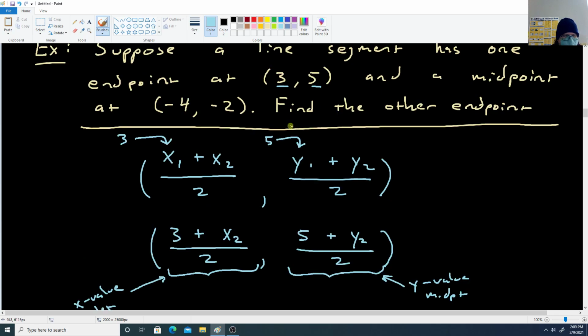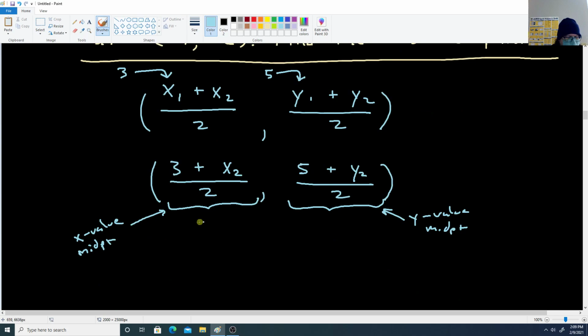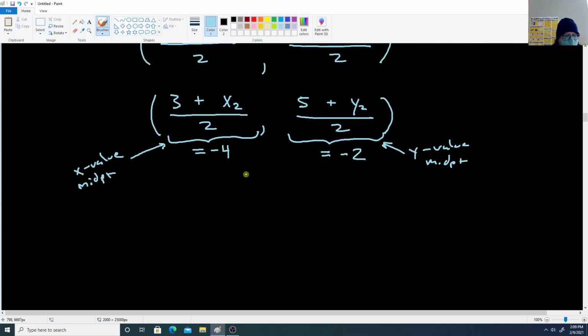Well, they told us the x value of the midpoint is negative 4, and the y value of the midpoint is negative 2. So what that means is this part right here is equal to negative 4, and that part right there is equal to negative 2. So that's going to generate two equations we can solve. When we get the x2 and the y2 solved for, we'll know our missing endpoint.